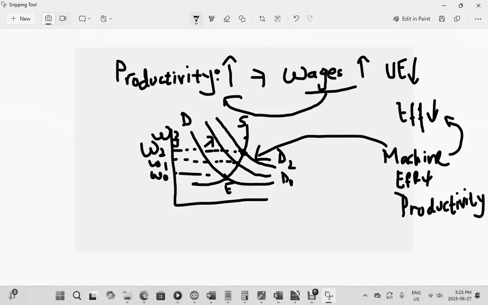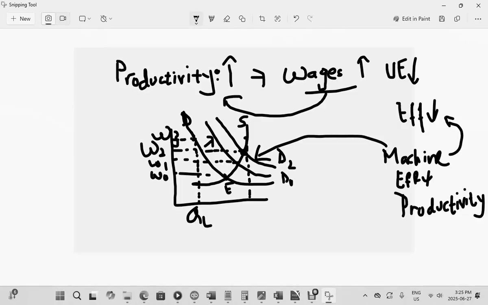And because the wages have gone up and the demand has not gone up, because the demand has stayed at D2, there will be unemployment. And the unemployment would be what the employer is willing to pay for a certain amount of labor and what the workers are willing to supply.